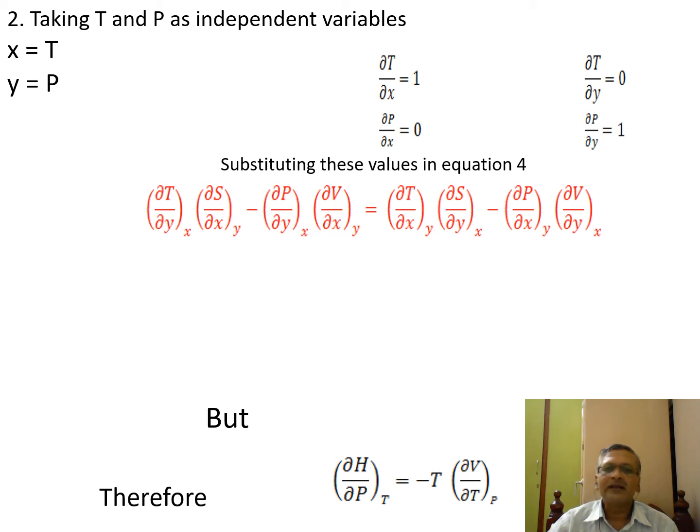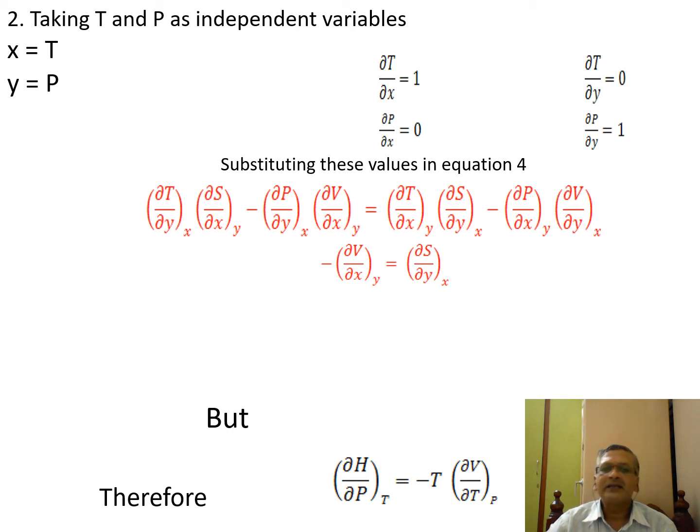Now take the second term. The second term is ∂p upon ∂y. ∂p upon ∂y is 1. Therefore, minus 1 into ∂v upon ∂x. Therefore, minus ∂v upon ∂x, keeping y constant, equals the RHS. We are coming to the RHS.